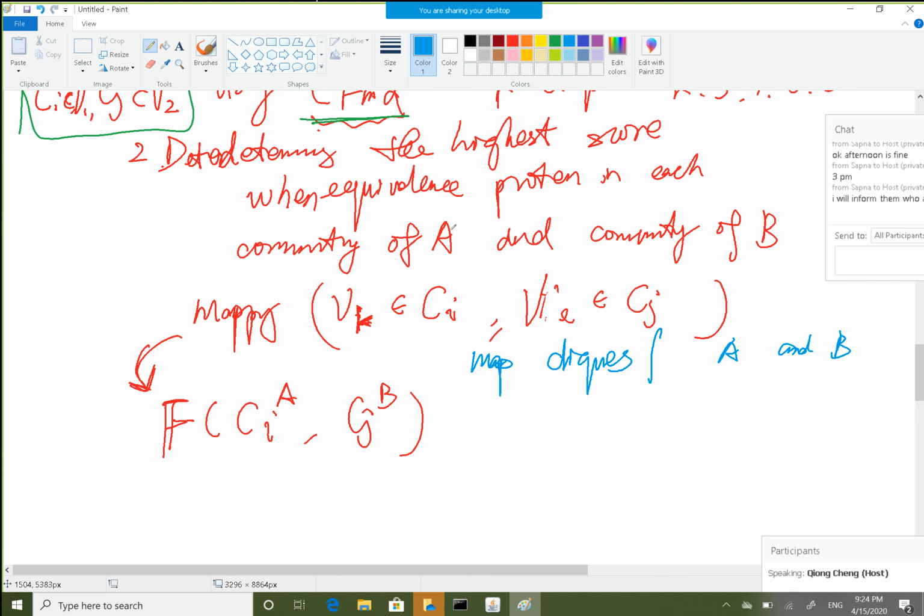And so the score of one clique mapping to another clique is equal to the summation of similarity. This similarity corresponds to the function we had before, and the optimal map of CIA and CJB.